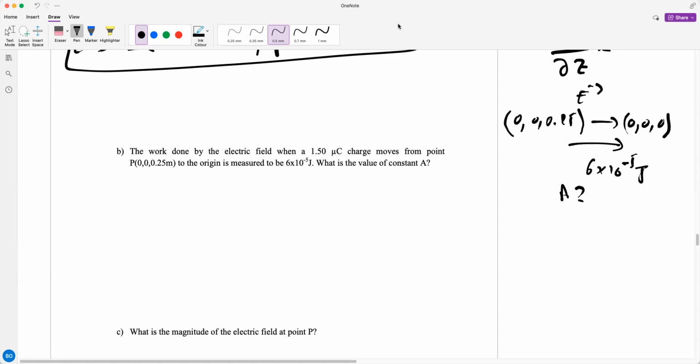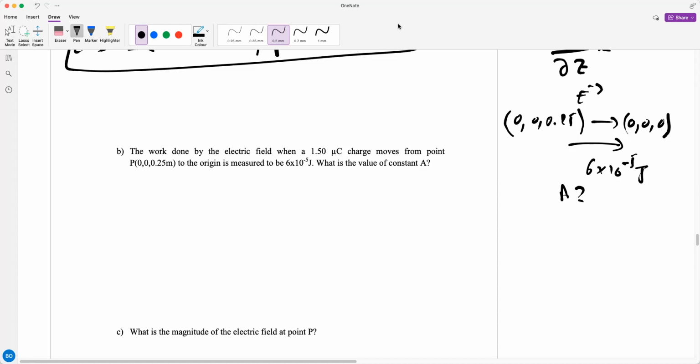I think we'll first try to organize the equations and what we have. Yeah, so which equation? We can use the equation work A to B equals the charge multiplied by the potential difference. But here, this is really why I gave this question.